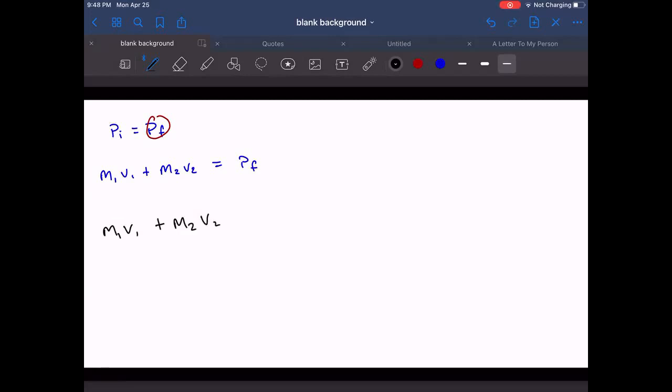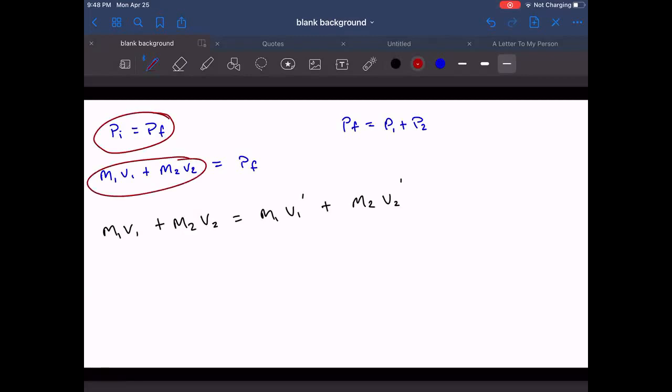It's equal to the final momentum because of conservation of momentum. So then M1 V1 prime, that final velocity of the first object times its mass, and then the second momentum, well, P equals mv. Conservation of momentum: you want to divvy up the left-hand and right-hand sides.